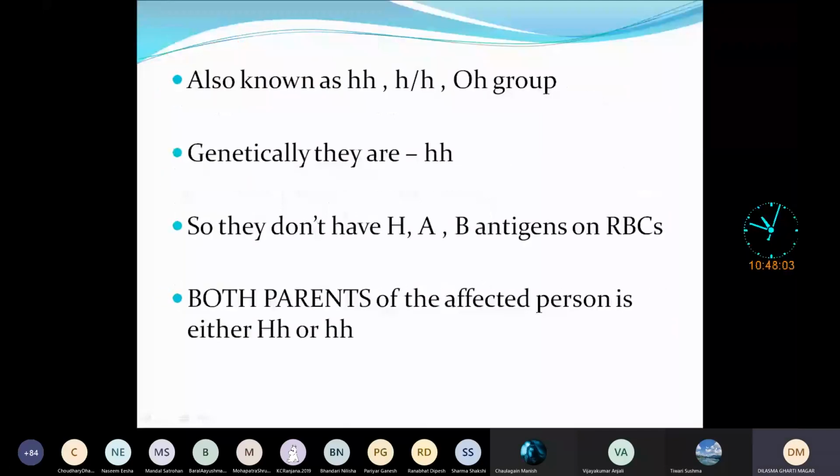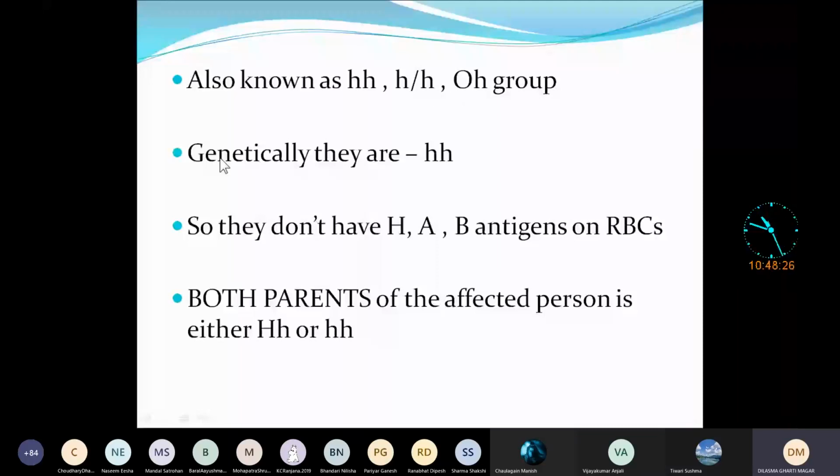This Bombay blood group is also known as the hh, the recessive, or the Oh group. The O means there is no antigen, and the h means there is the recessive. So this blood group is also known as hh or the Oh group, small h. Genetically they are hh.